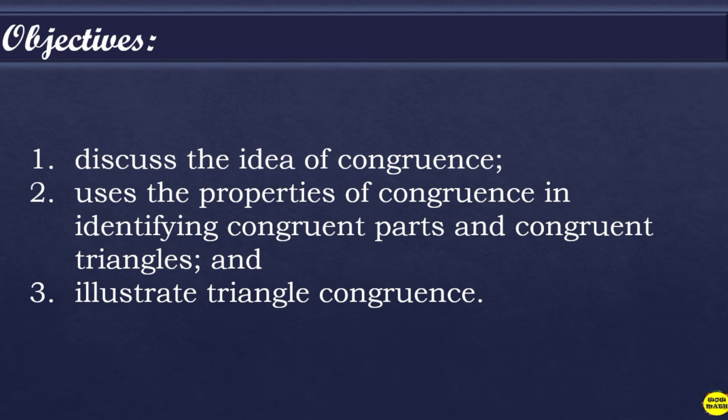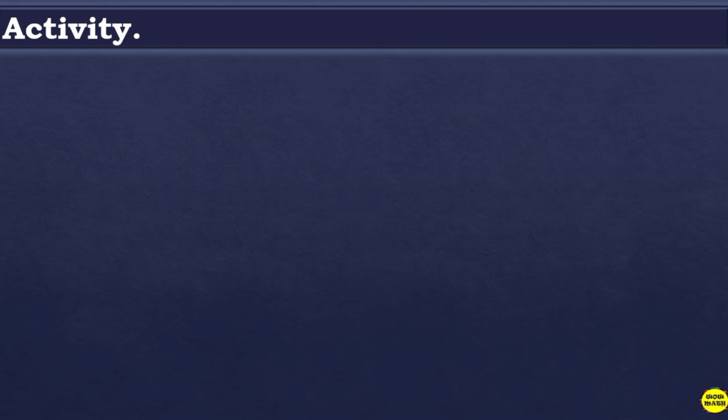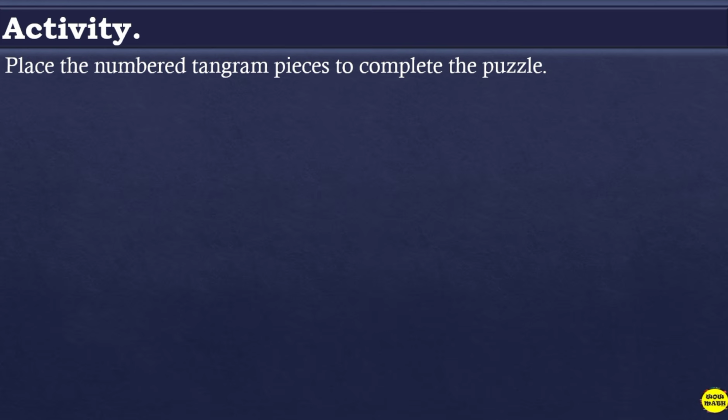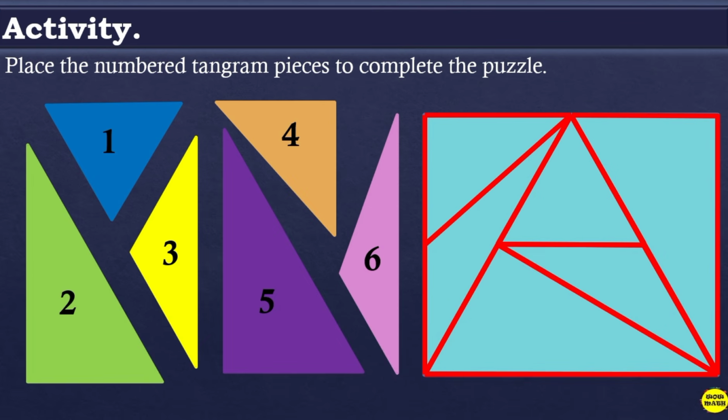So let's start. Let's have first an activity. I want you to place the numbered tangram pieces to complete the puzzle. Itong mga numbered na tangram pieces natin, saan kaya ng part ng puzzle siya dapat ilagay? Pwede nyong gawin sa inyong mga pwesto.